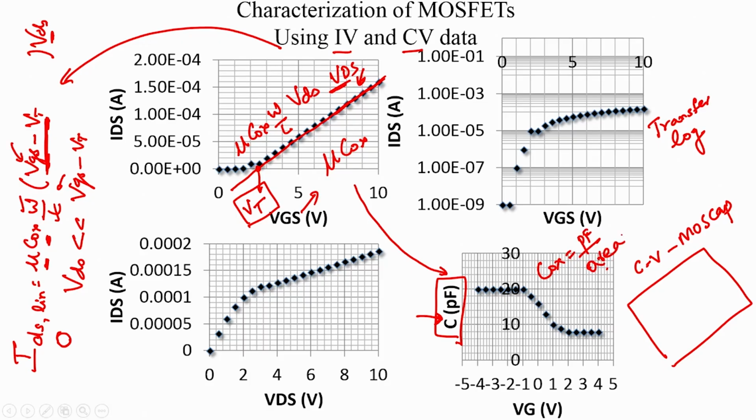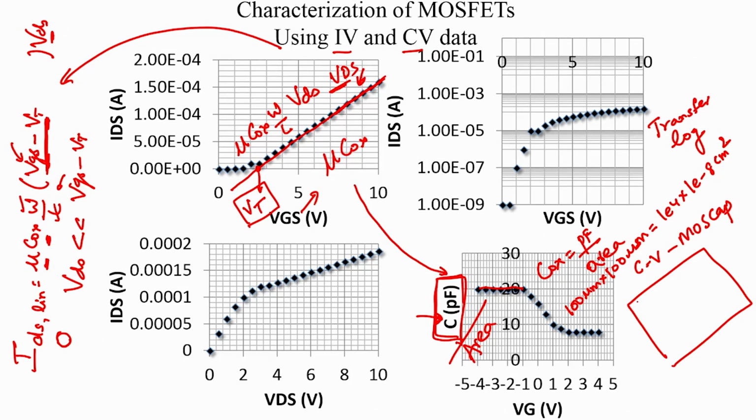So, in order to obtain COX, we need to take this capacitance and divide it by the area of the MOS capacitor used, and then we obtain COX. So, in this case, let us say the MOS capacitor used had 100 microns by 100 micron lengths, and therefore, the area is 100 micron into 100 microns, which is 1e4 into 1e minus 8 centimeter square.